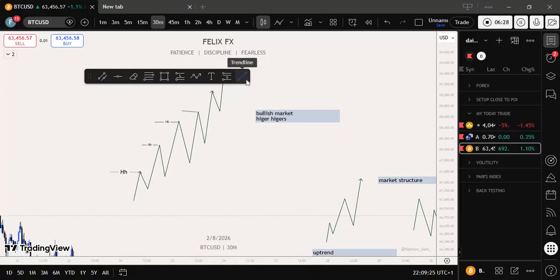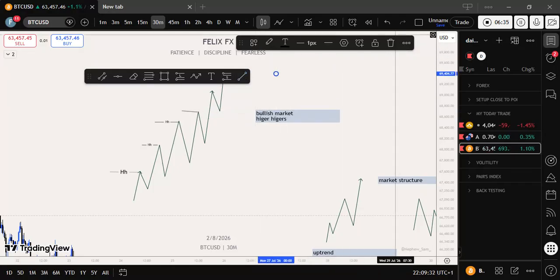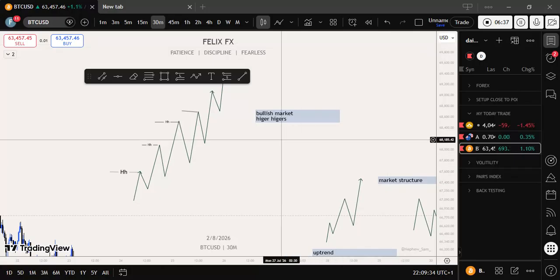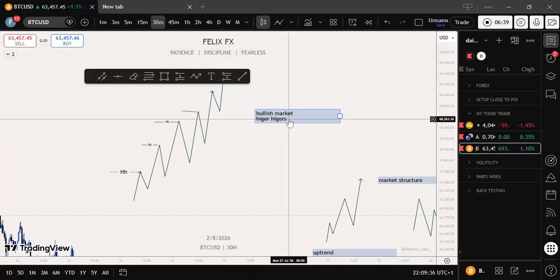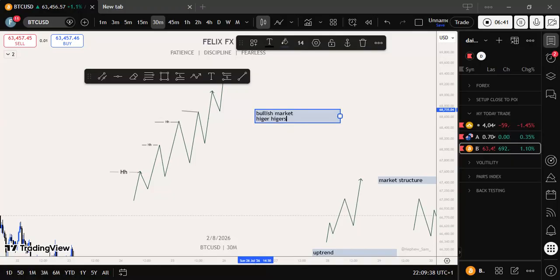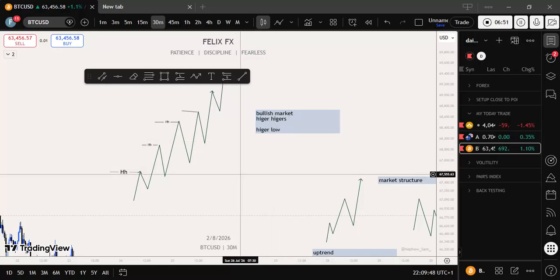So for a bullish market, they have what they call higher highs and higher lows. Higher low, I don't know how you call it.